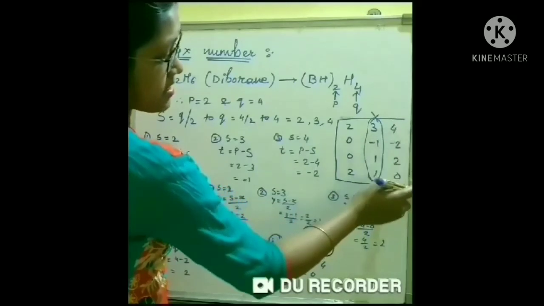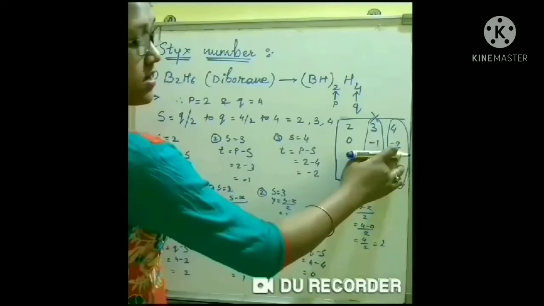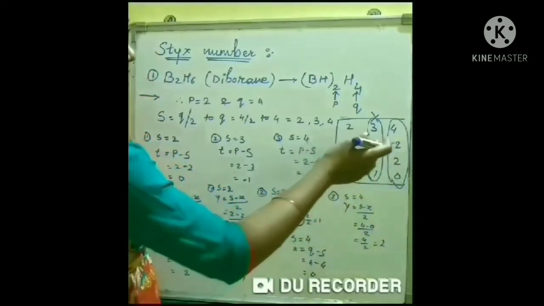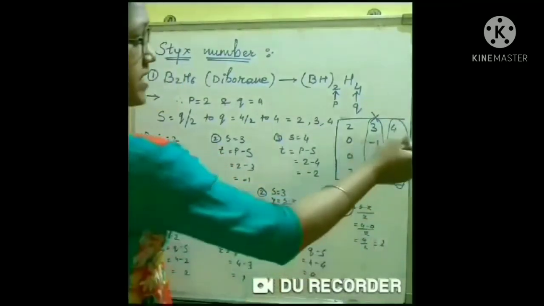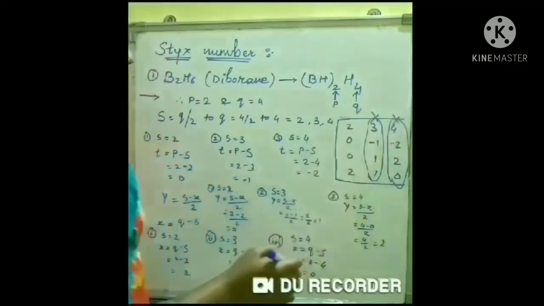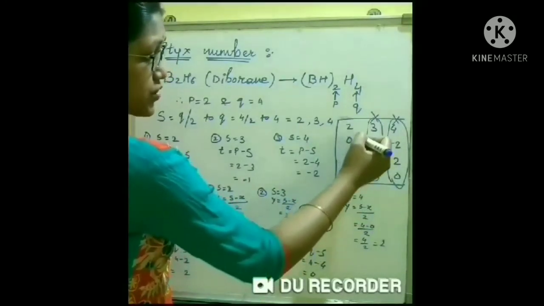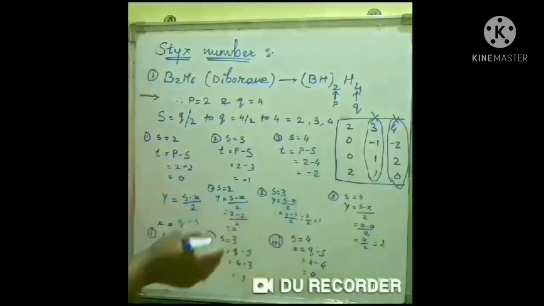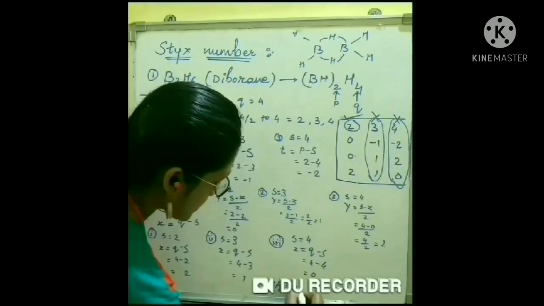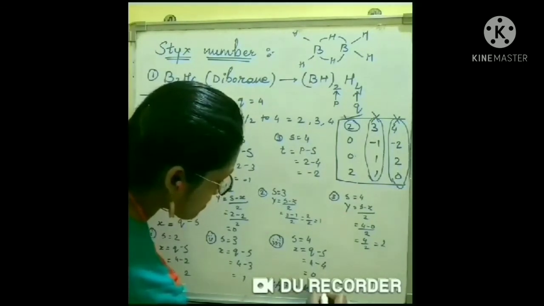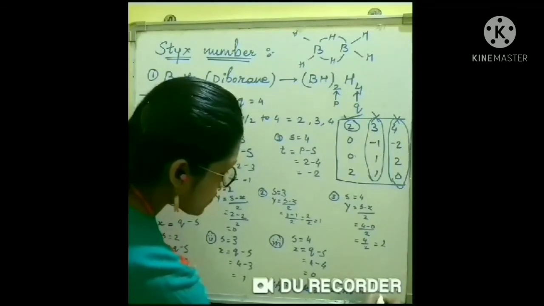Then in the third possible answer, there is also a negative number of bonds, which is not possible. So cancel the second and third options. The correct answer is 2002. Therefore the styx code for B2H6 is 2002.